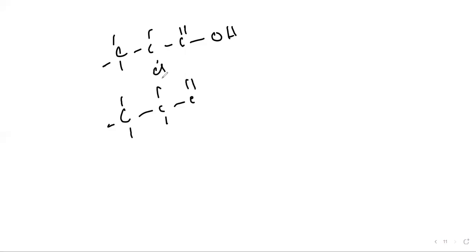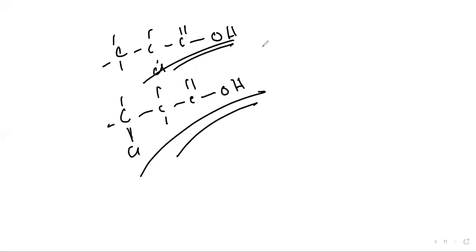This is the chlorine which is near the OH group, and here the chlorine is farther away from the OH group. If it is farther away, the pulling effect of the electron by the chlorine is lesser here compared to here.